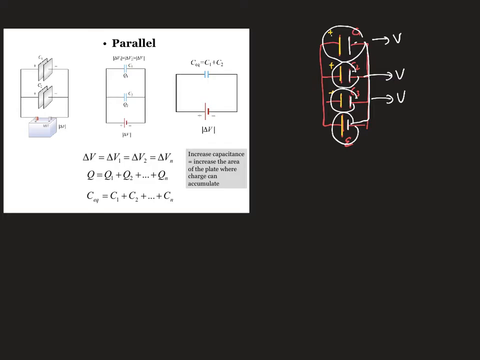That is the reason why for parallel, the equivalent potential difference V is the same as V1, V2, and V3. And where do we get this V equivalent? Definitely from the EMF, because you can see it is directly connected, with one side positive and the other side negative, as if each capacitor's potential difference is the same as the battery.